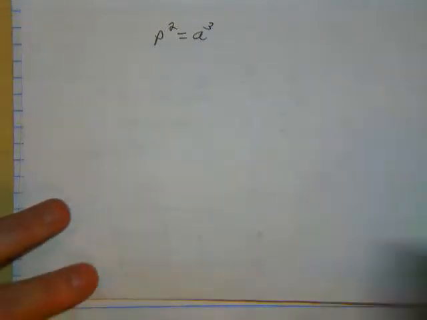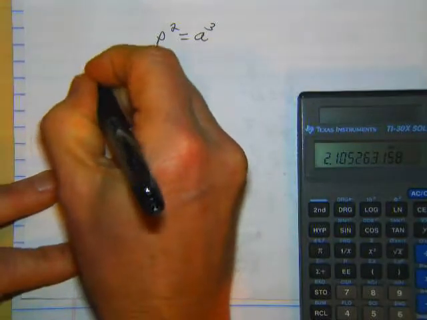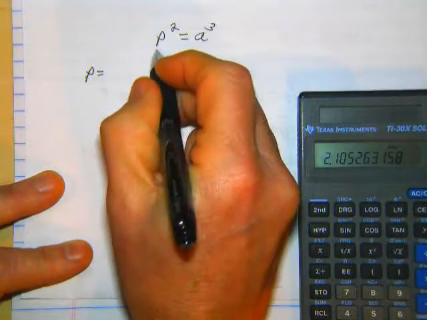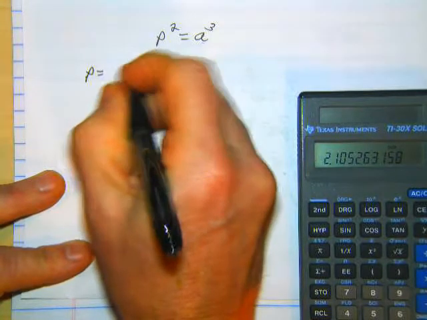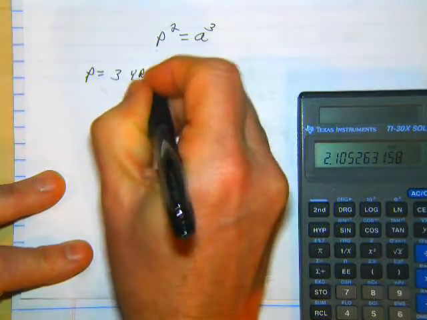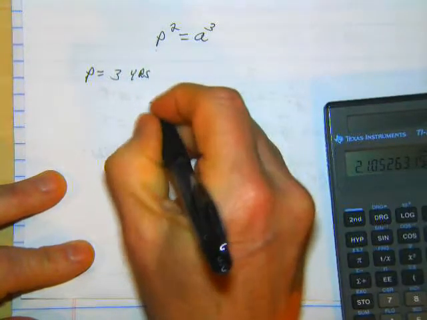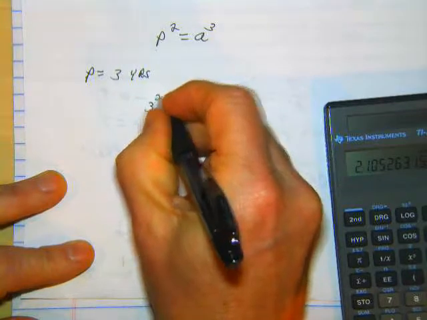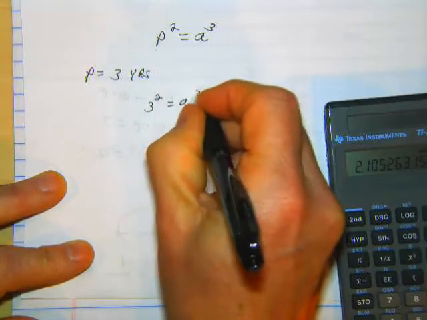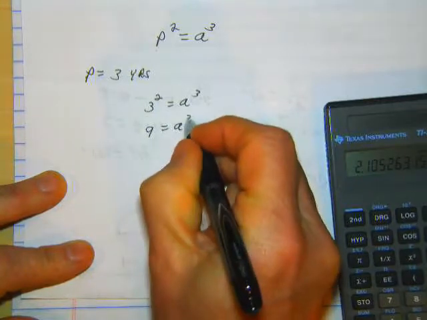There are only two possible ways to do this. Let's say P, and again this is in years, is 3 years. Very easily you can substitute that in. So 3 squared equals A cubed. 3 times 3 is 9 equals A cubed.